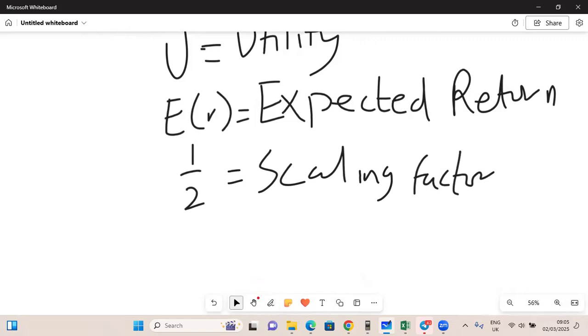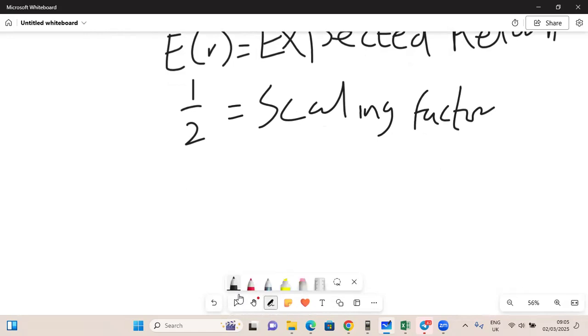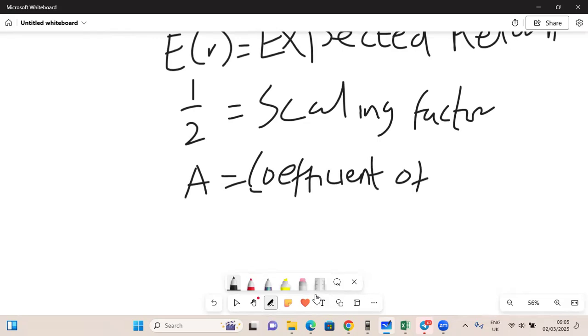And then A is equal to the coefficient of risk aversion.